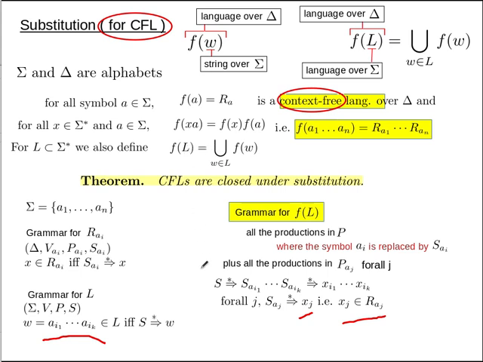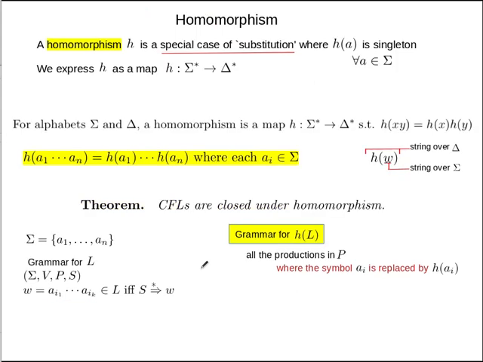And then for regular languages also, we mentioned that homomorphism is a special case of substitution, where you are mapping a string, not just one symbol, and the image is a singleton.